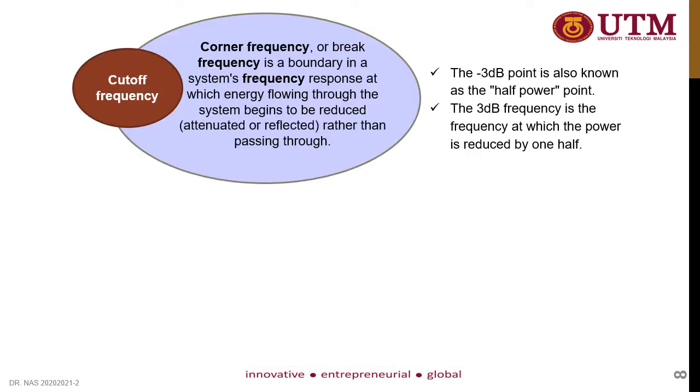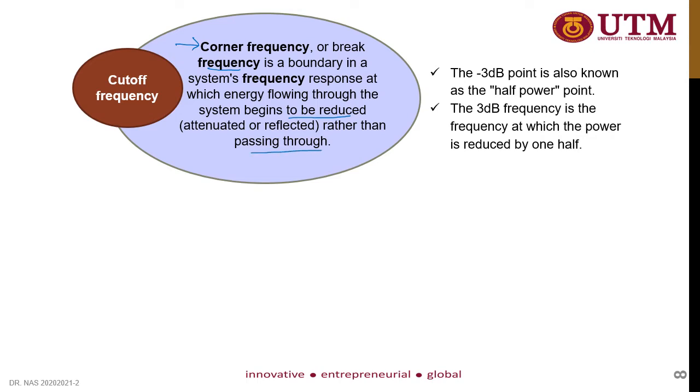Okay, this slide summarizes the basic information about cutoff frequency. It is also known as corner frequency or break frequency, in which it is a boundary in a system's frequency response at which energy flow through the system begins to be reduced or attenuated rather than pass through.